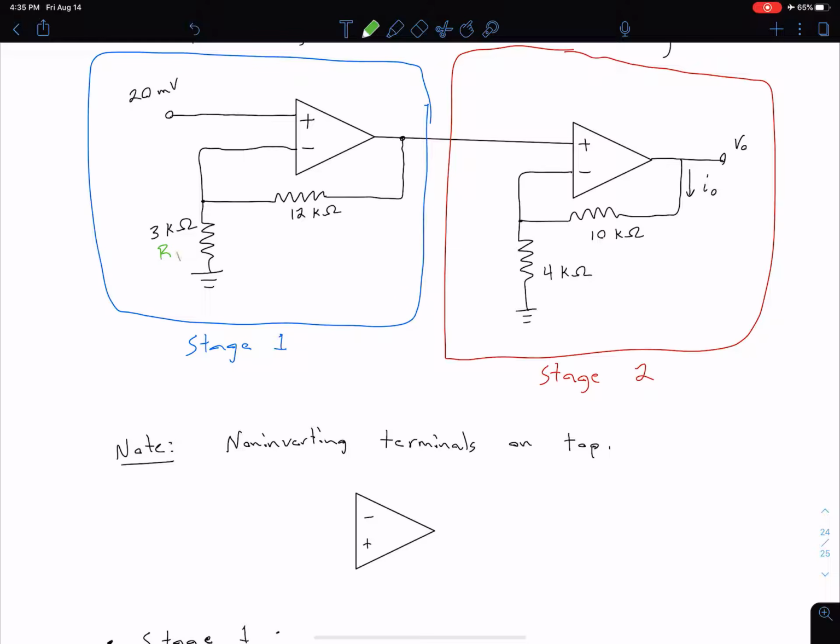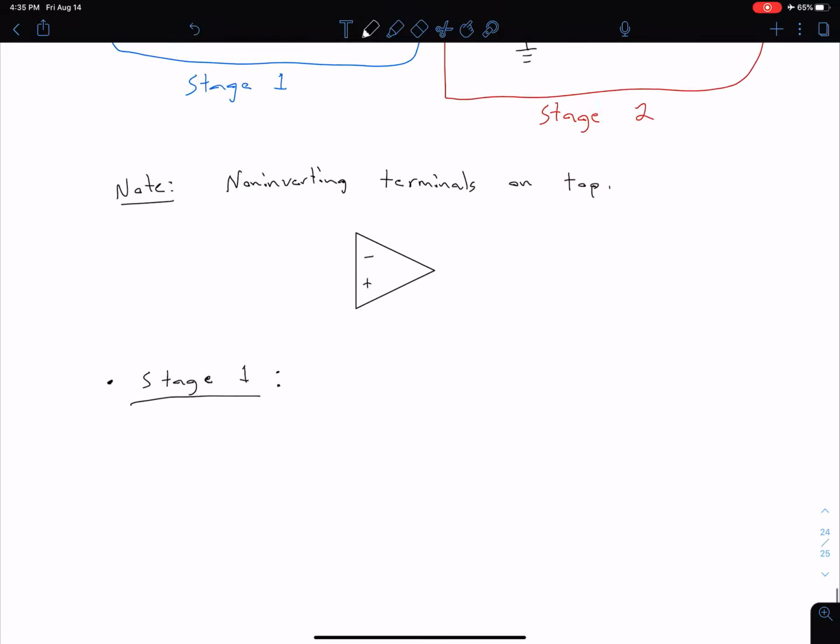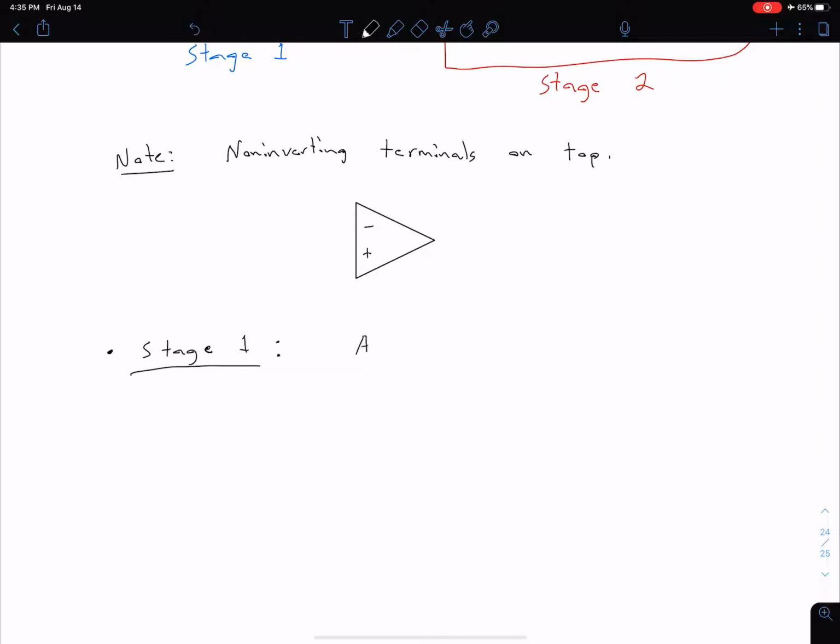This 3K ohm resistor would be like our R1, and this feedback resistor, 12K, we had labeled as R2. So with that in mind, we can say that our gain for stage 1, we'll call A1, is equal to 1 plus R2, which is 12K, divided by R1, which is 3K. So we plug that in and we get a gain of 5 for stage 1.